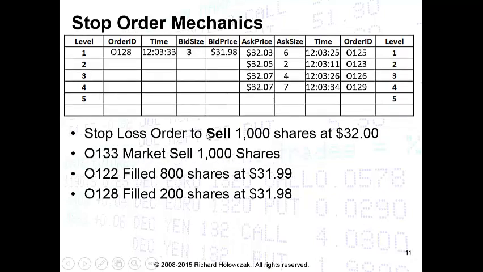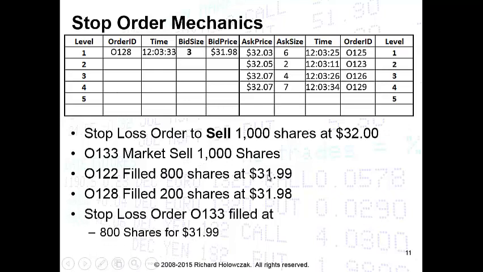And so the top level in the book is the remaining 300 shares at $31.98. Our market sell order has filled 800 shares at $31.99 and 200 shares at $31.98. So our weighted average price here will be 31.988. So our stop loss order has now completed.